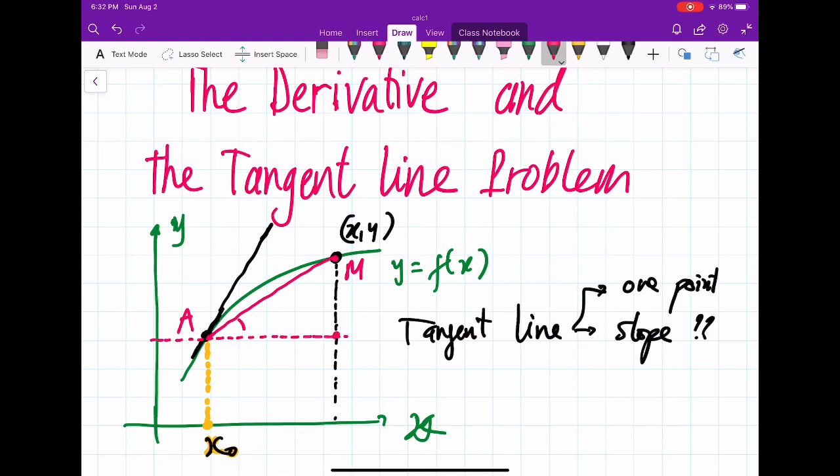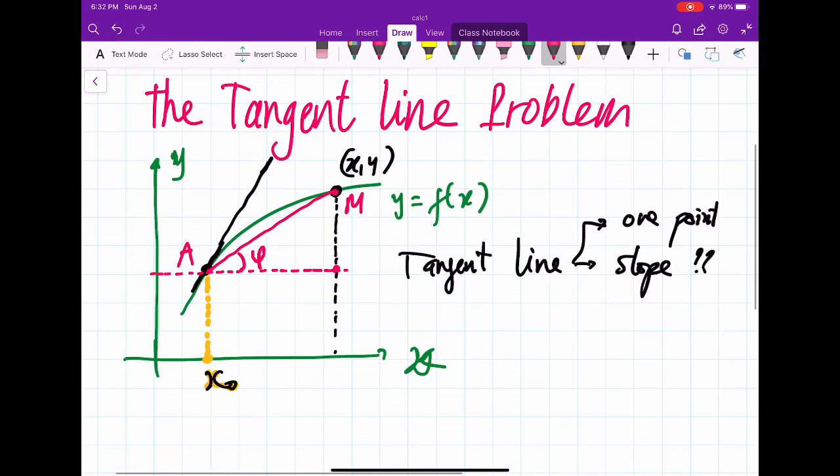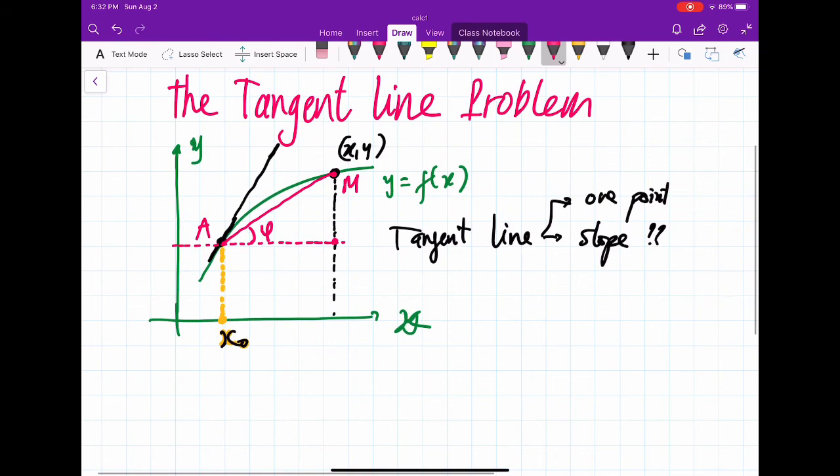The slope of this angle, let's say phi, is just the tangent of this angle, right? So if M approaches A, meaning this point approaches x0, that means this straight line just approaches the tangent line. And then you have the slope of the tangent line, right?